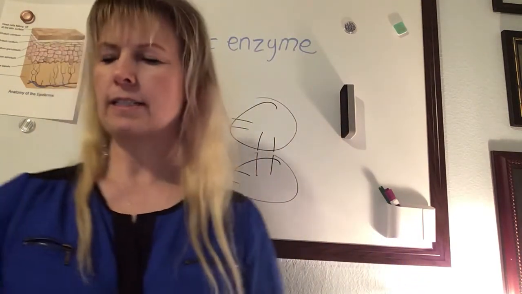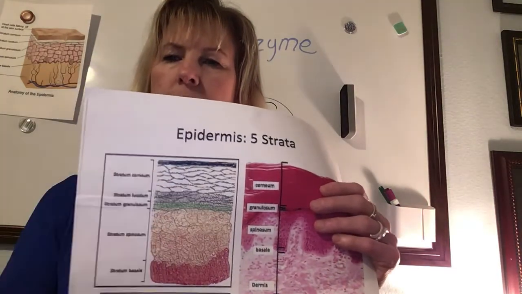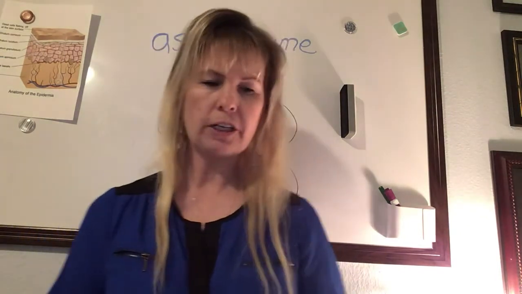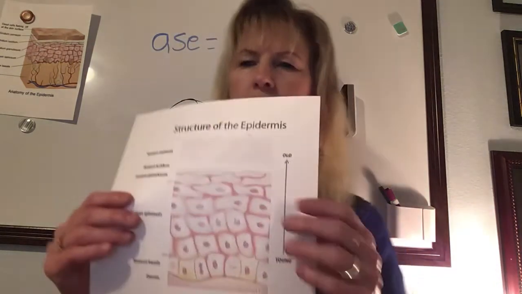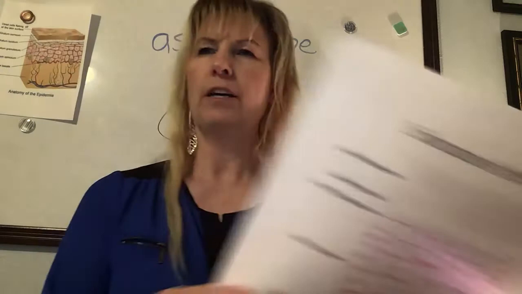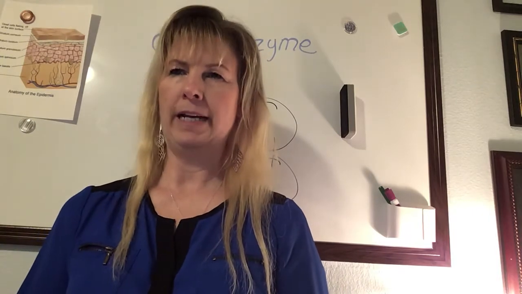Okay, so the next layer up is the stratum lucidum. And it got its name again because when you're looking at those cells, and I'm going to show you in this one as well, it's this clear layer right here. Okay, so because those cells are lucid or transparent, and they allow light to pass through.